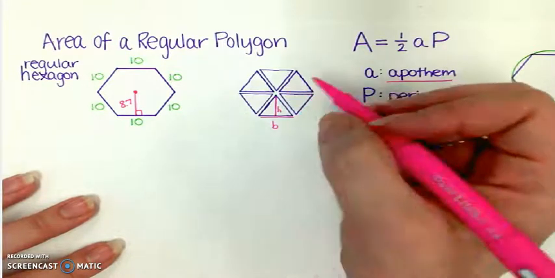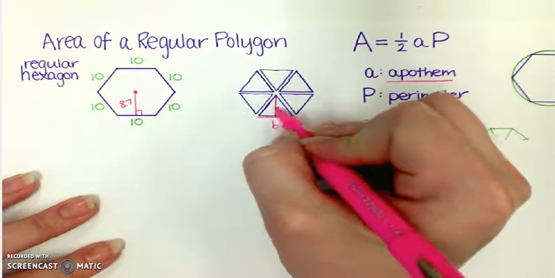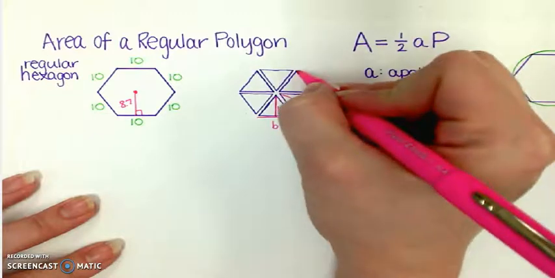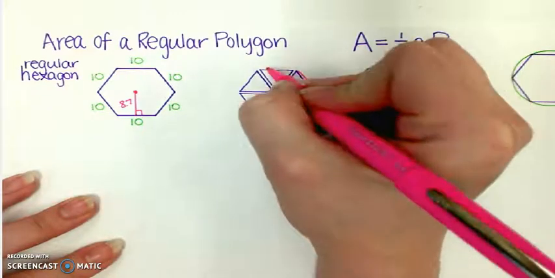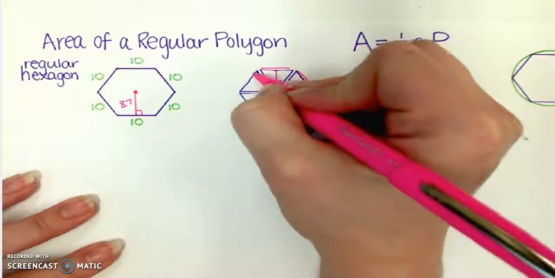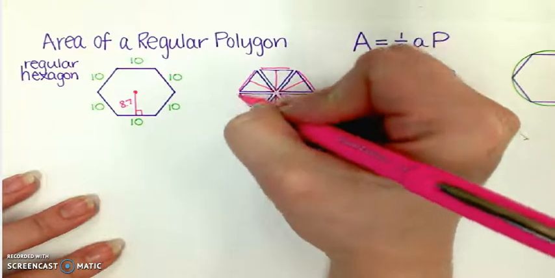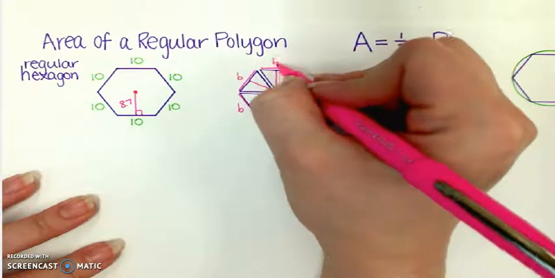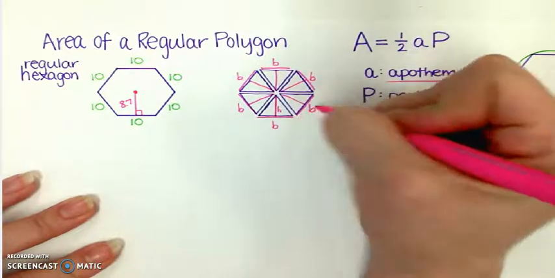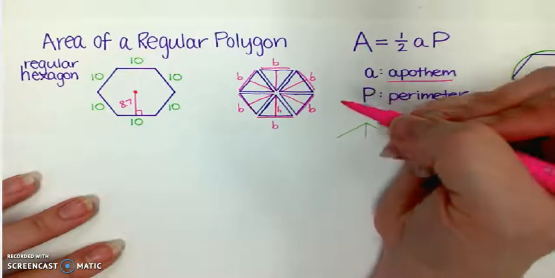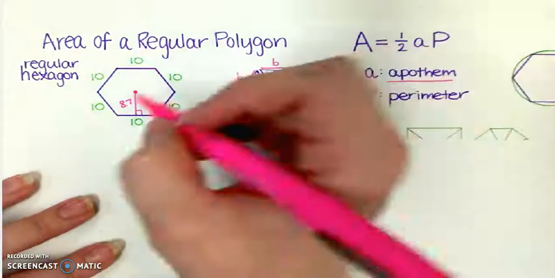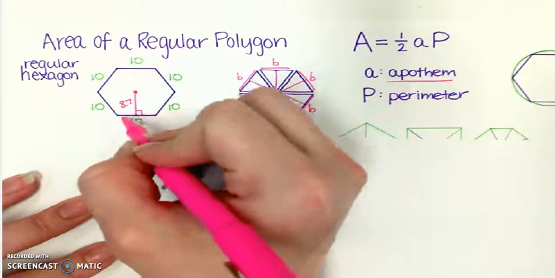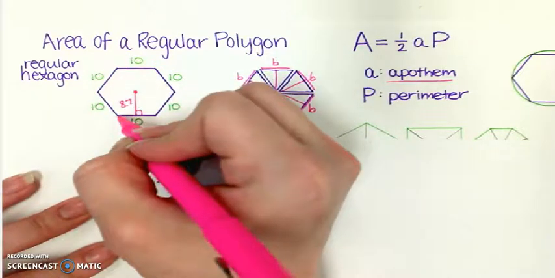And so basically you're just going to do 1/2 base times height and 1/2 base times height, but all of these are congruent. So when we do 1/2 base times height, we're basically using every single side as a base, right? So just a shortcut for saying 1/2 base times height would be to do 1/2 still, but instead of just using one base, why not just use them all at the same time?